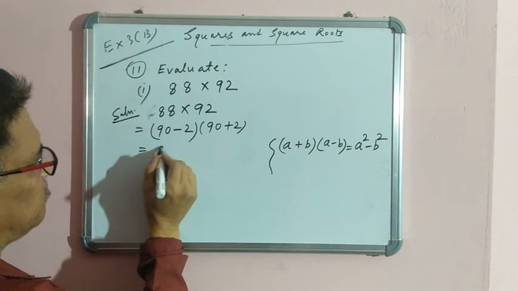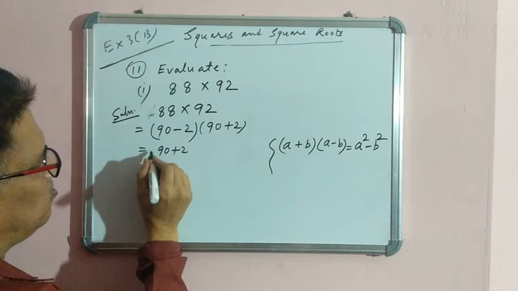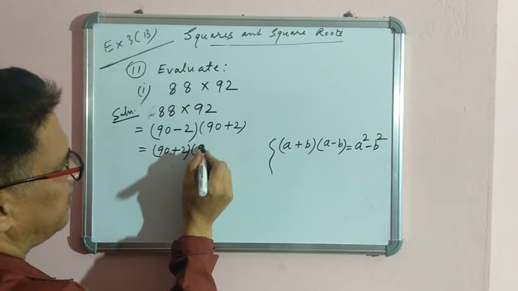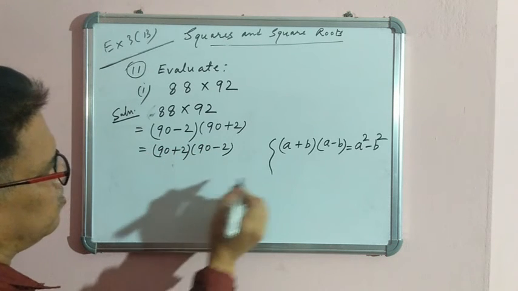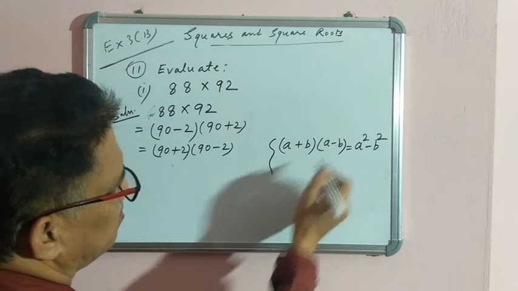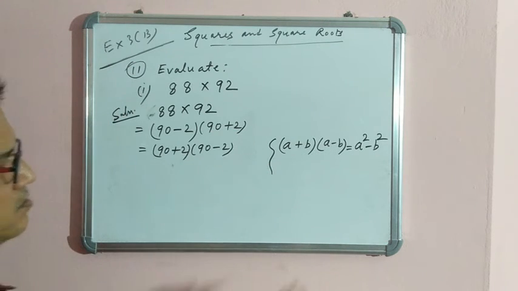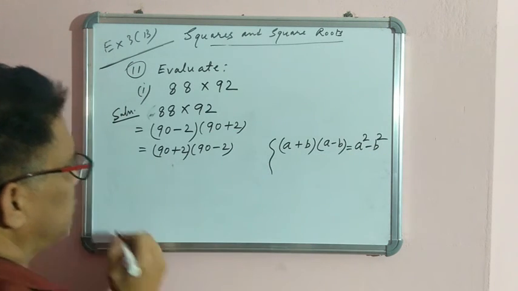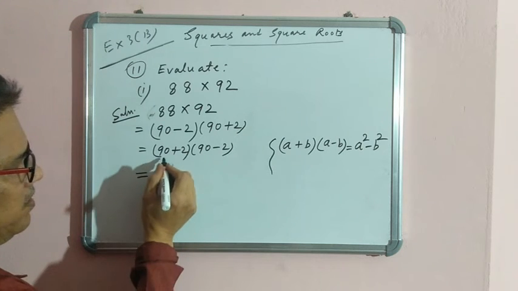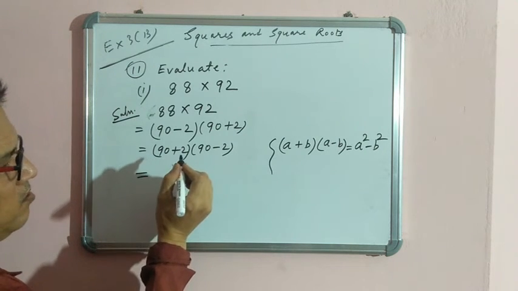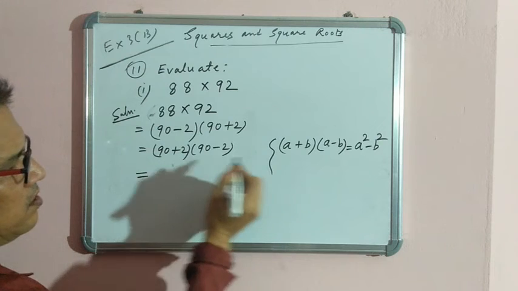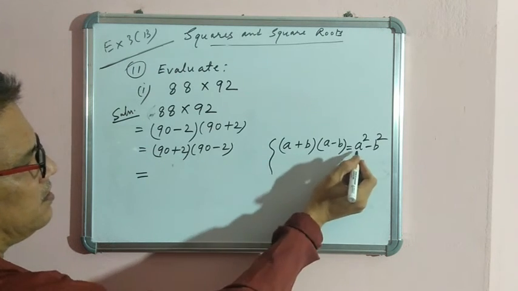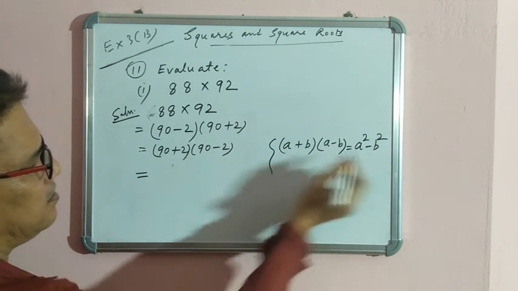Now we can write this as 90 plus 2 and 90 minus 2. A plus B into A minus B is equal to A square minus B square. The value of A is 90 and the value of B is 2.